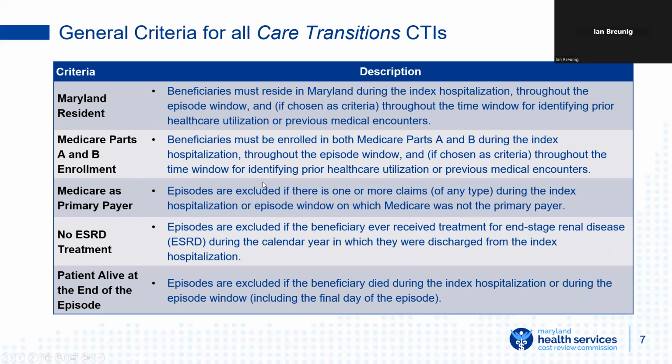So the general criteria ensure that the individuals are Maryland residents throughout the entire episode period, and a look back period if it applies. Also, they must be enrolled in both Medicare Parts A and B, and Medicare must be their primary payer. We'll get to the logic on how to identify these.